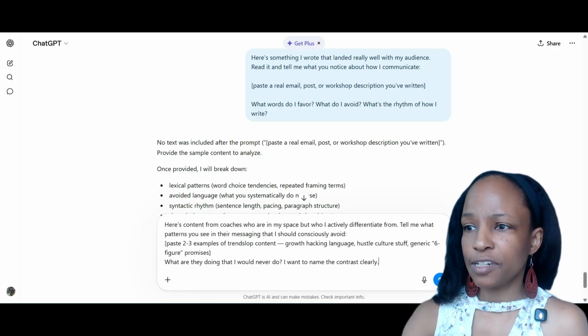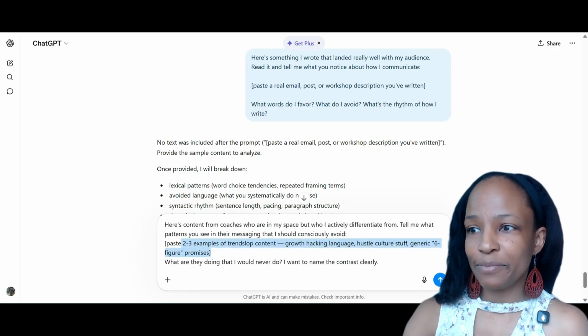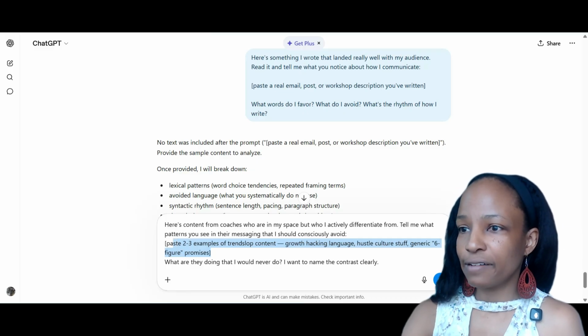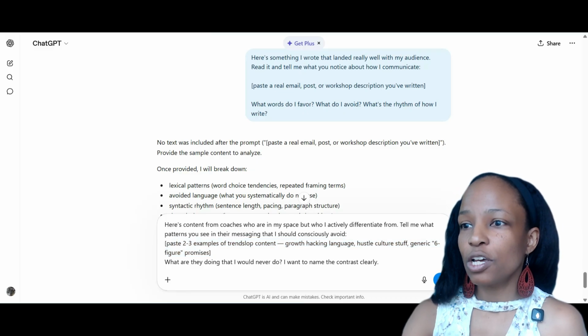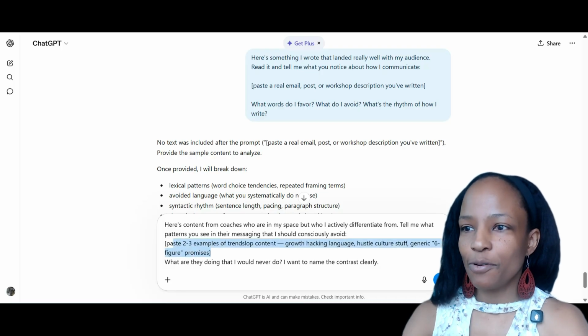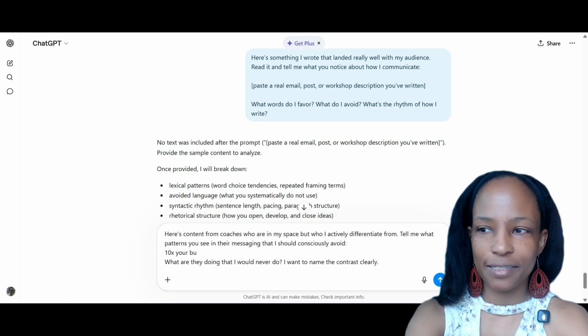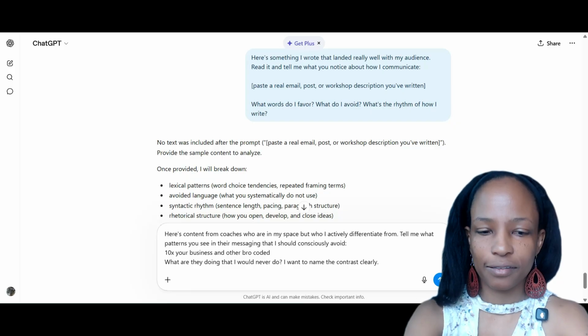But for these fictional examples, paste 2 to 3 examples of trend slop content, growth hacking language, hustle culture, generic 6-figure promises. So let's just say avoid 10x your business and other bro-coded terms.